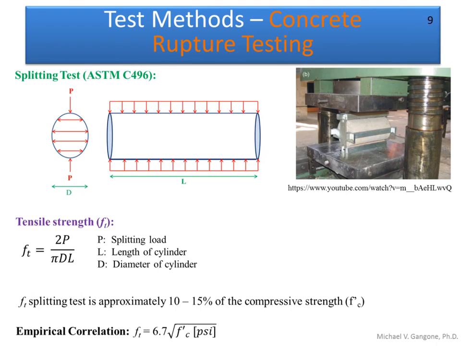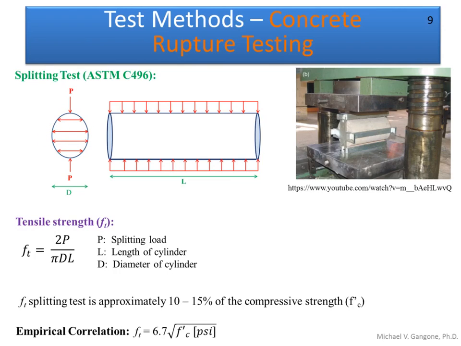With a splitting test, which is covered in ASTM, you're putting a cylinder on its side and you're pushing down on it along the side of the cylinder, and as you do that, you're engaging the Poisson effect of the concrete. You're compressing it in this particular direction, and if you're putting compression in this direction, that means from the Poisson effect you're having tension created in this particular direction.